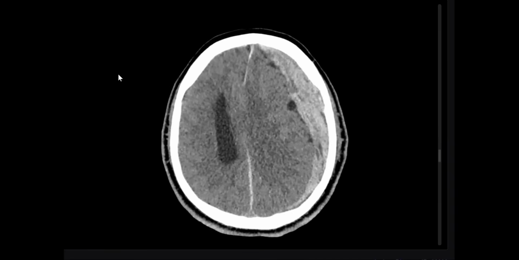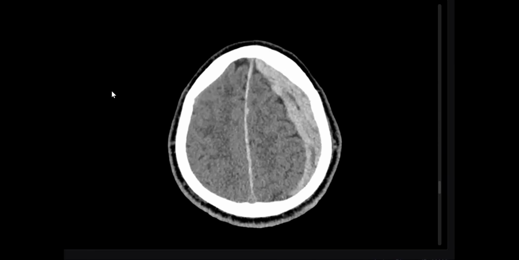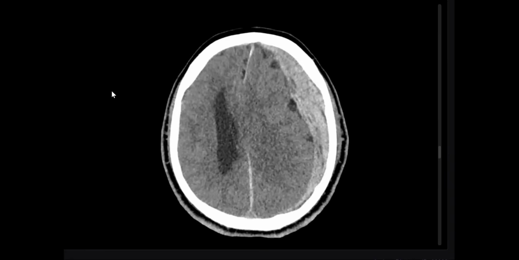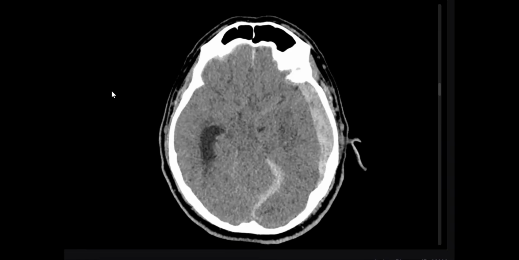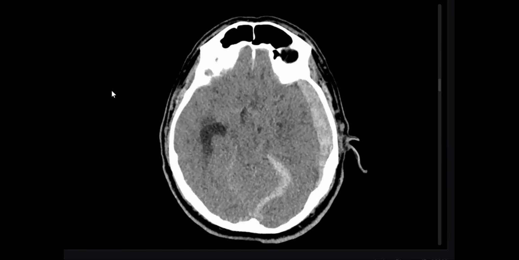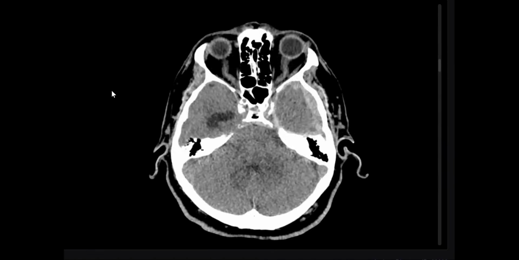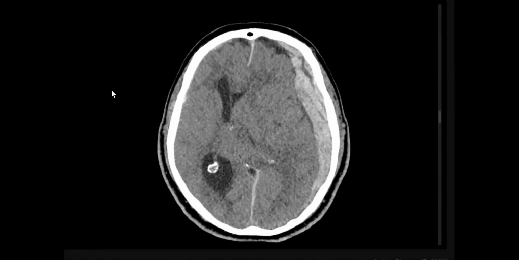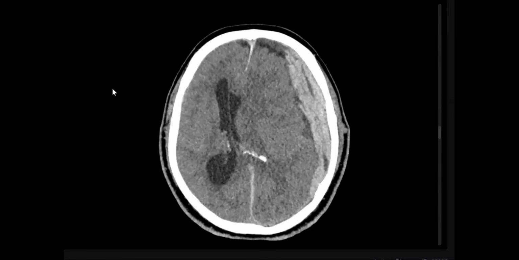I saw that there is also loss of sulcal-gyral differentiation within the left hemisphere, indicating brain edema. There are different densities within the extra-axial hematoma, representing different ages of subdural hematoma, which appears to extend into the interhemispheric fissure.